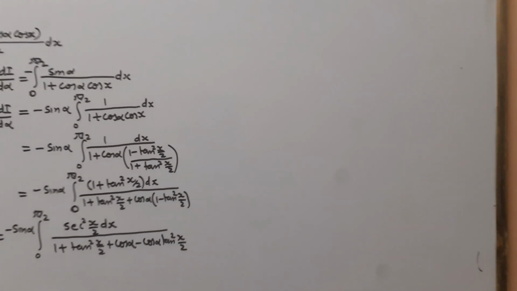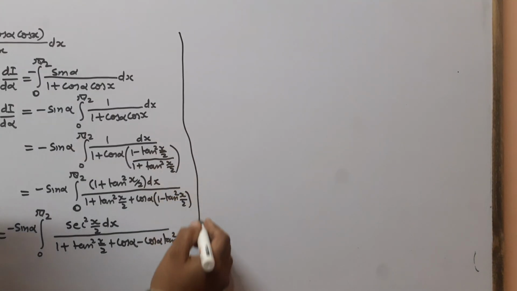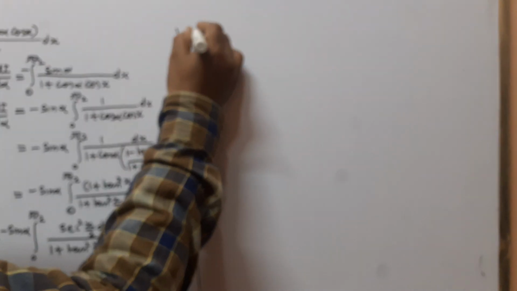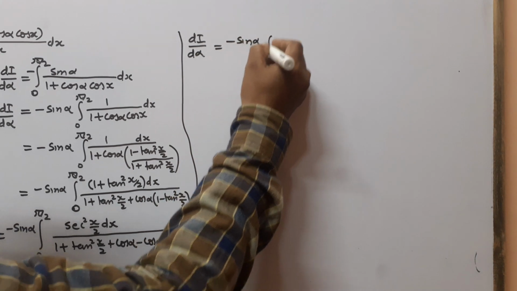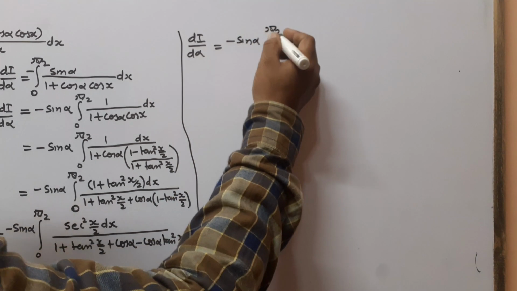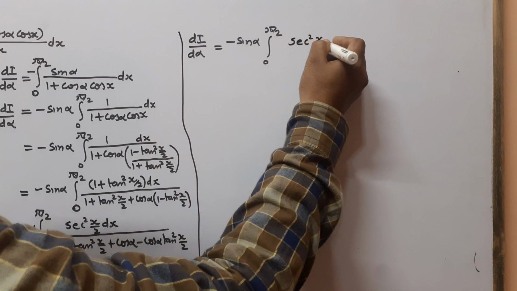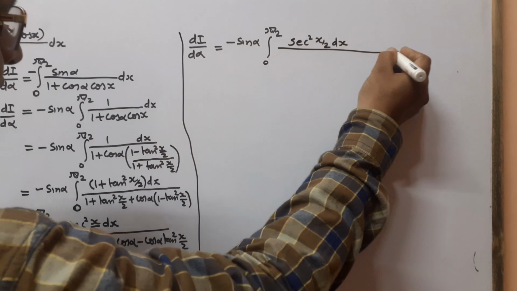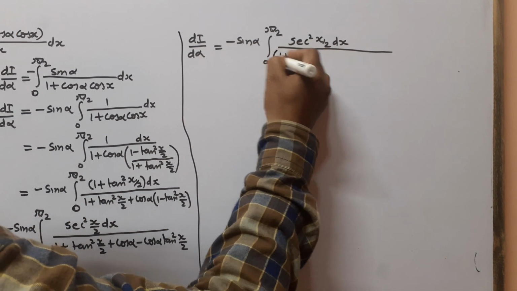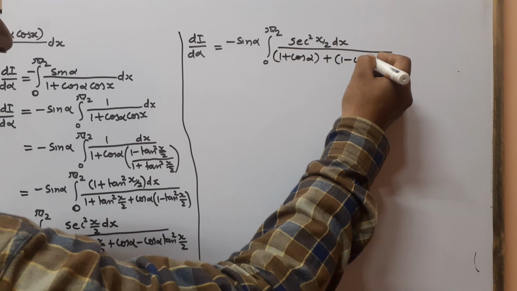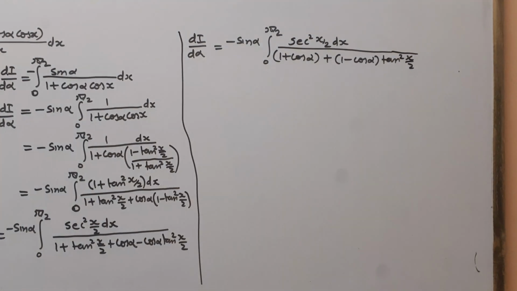Now we can see here, dI upon d alpha is equal to minus sin alpha integration between the limits 0 to pi by 2 of sec square x by 2, dx, divided by 1 plus cos alpha plus 1 minus cos alpha multiplied by tan square x by 2.